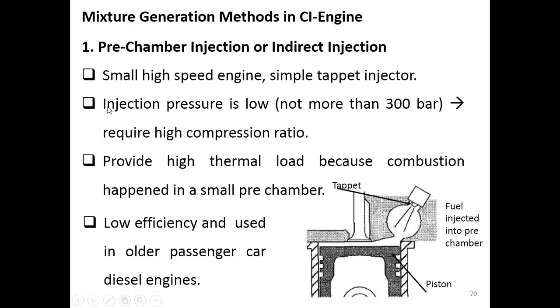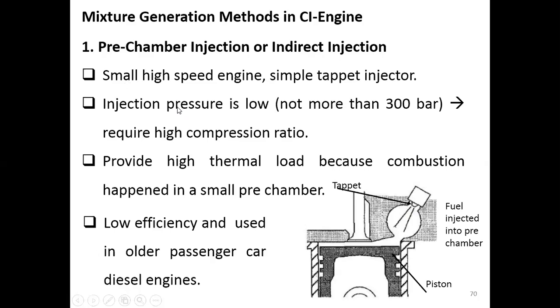And the injection pressure for this type of mixture generation is kind of low, right? Even so, when you look at the blanket here, it's not more than 300 bar. This is considered to be low. And that means what?